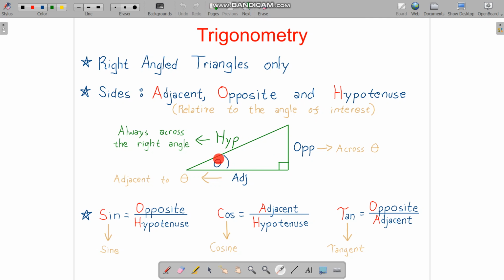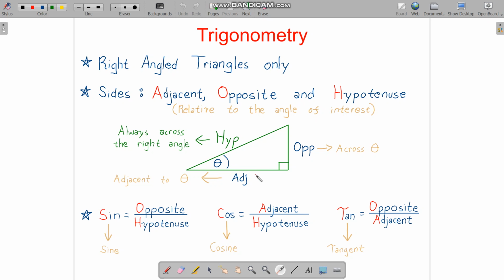If this angle is theta, the side across from theta is called the opposite side, and the side next to theta is called the adjacent side. So this is always the hypotenuse across the right angle. The other one also near theta is called the adjacent side.